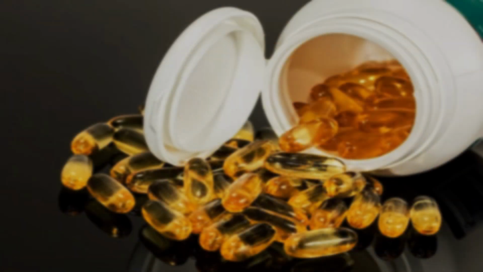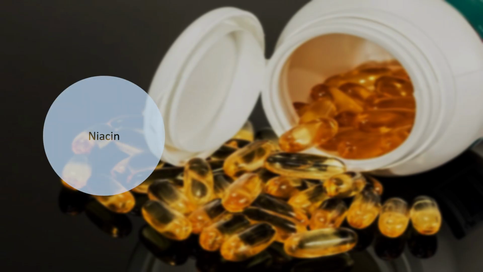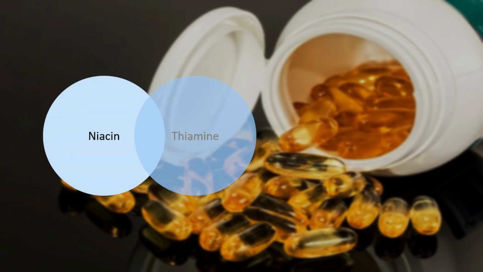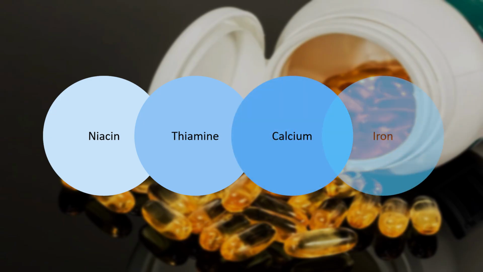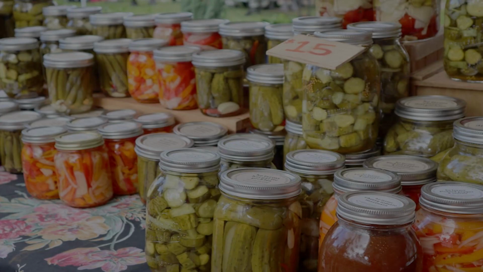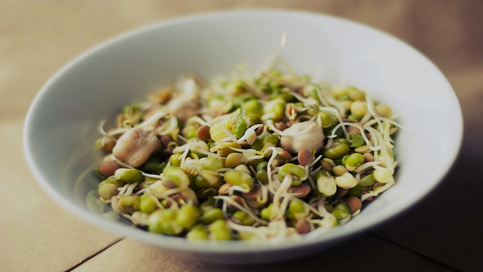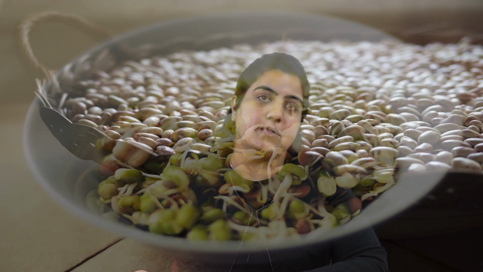Now, in addition to protein, pulses also contain fair amounts of niacin and thiamine, which are B complex vitamins. They also contain calcium and iron. Though pulses contain very little vitamin C and B complex vitamins, processes like fermentation and sprouting enhance their content in the pulses.